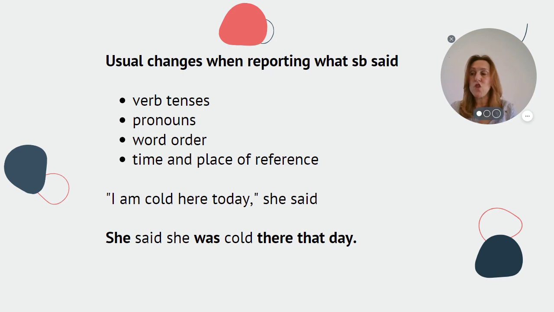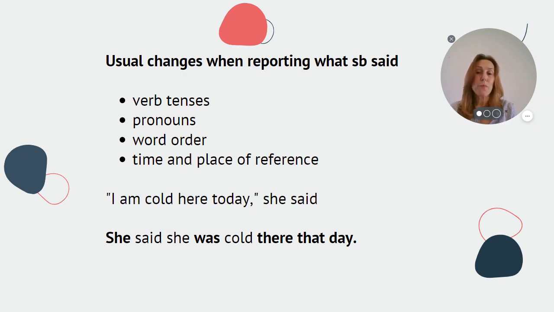Verb tenses, in general, present simple changes to past simple, then present continuous into past continuous, past simple into past perfect, present perfect into past perfect, past continuous into past perfect continuous, then simple future, will, changes into simple conditional, would, can changes into could, may into might, and must into had to, right?